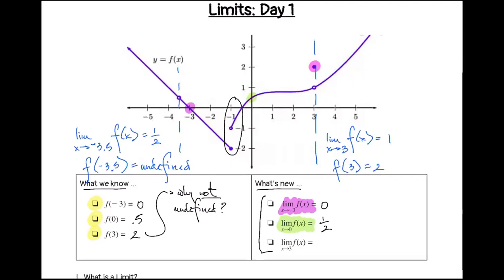All right. And our last question here is, we actually did on Monday the limit as x approaches 3. And we said that as we get close to 3, the y value actually got really, really close to 1, okay?